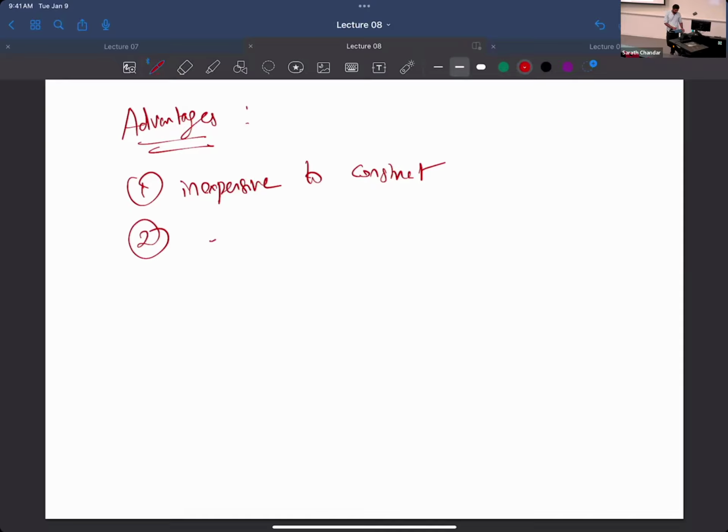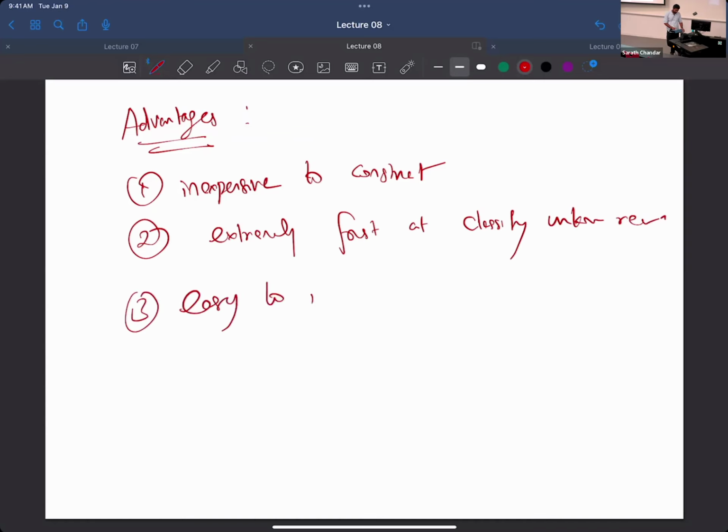They are extremely fast at classifying unknown records. And they're also easy to interpret. But this is true only for small trees. If the tree has 1,000 nodes, of course you cannot interpret it. So if you have a small enough tree, you can easily interpret.